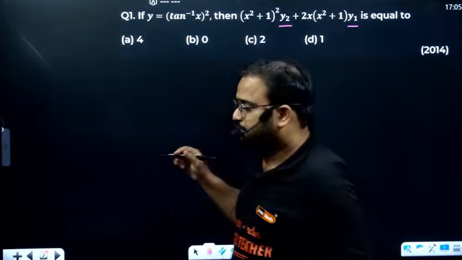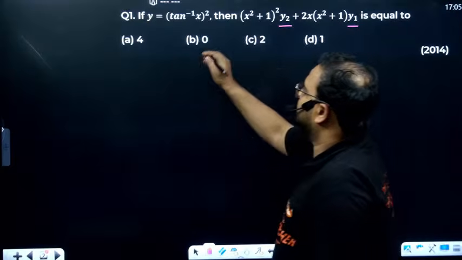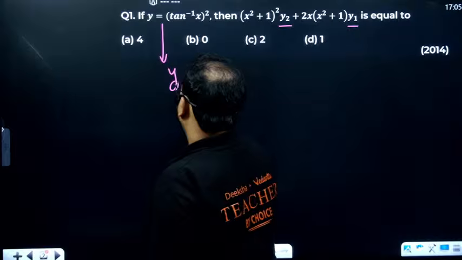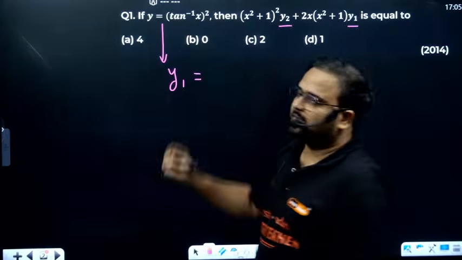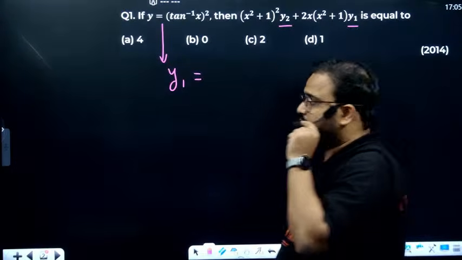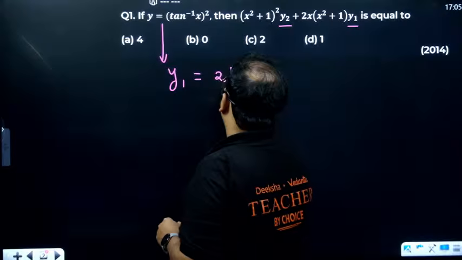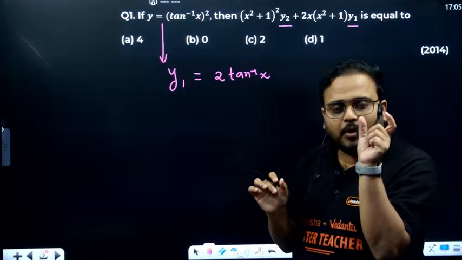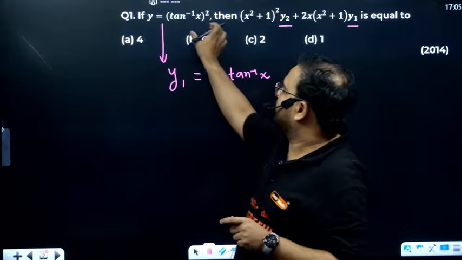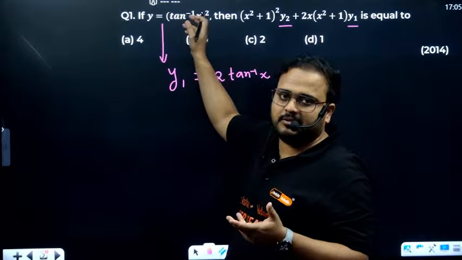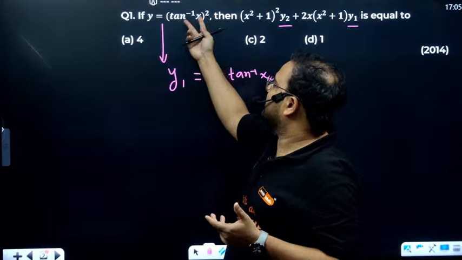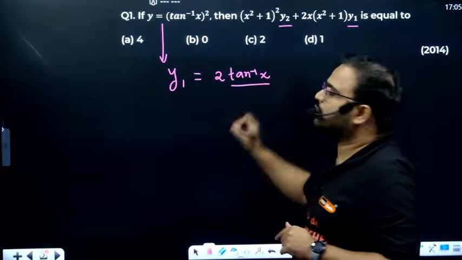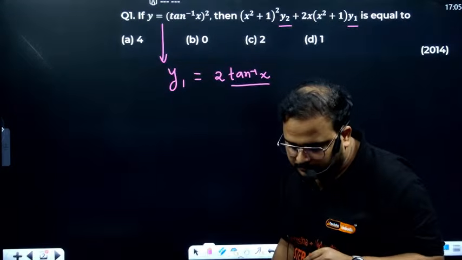Okay, so we'll continue. If you differentiate over here, you'll have the derivative y1, and this is going to behave like a polynomial function, so that becomes 2 tan inverse of x. This is just the polynomial derivative. If you treat this as a variable p, that is the derivative 2 tan inverse of p. But you have to differentiate tan inverse also as per the chain rule.